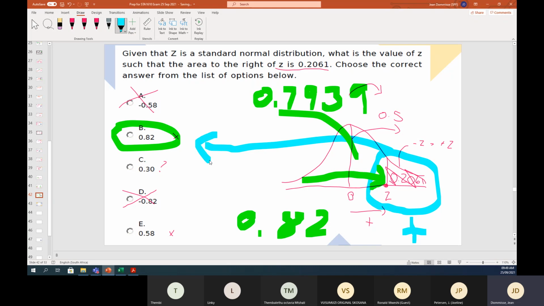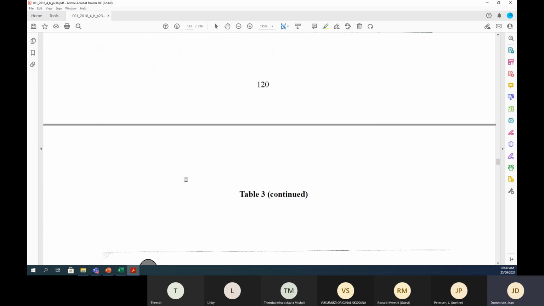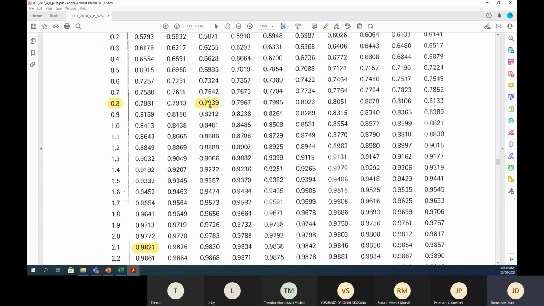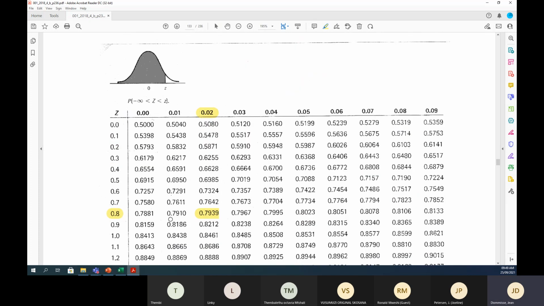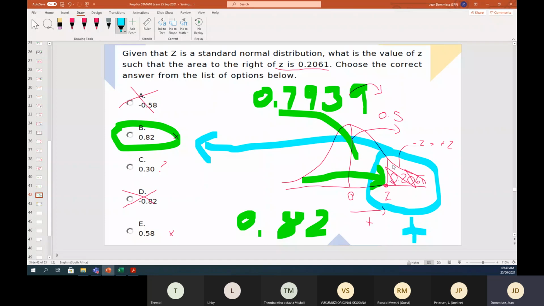So again, personally, to make it easy for myself, I would have said 1 minus to get the 0.7939, go to the positive table, 0.7939, and read it off as 0.82. That is how I would have done it, but I don't now need to go to the negative table in the exam.